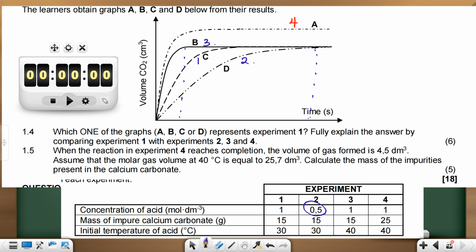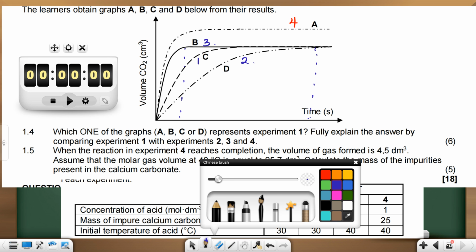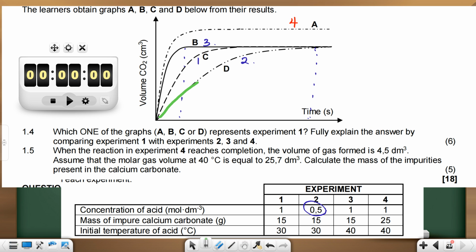D. No, not the lowest volume. They all have the same volume. No. This graph, okay guys, this graph is only telling you the volume produced per time. At the end of the day, we are going to get here.